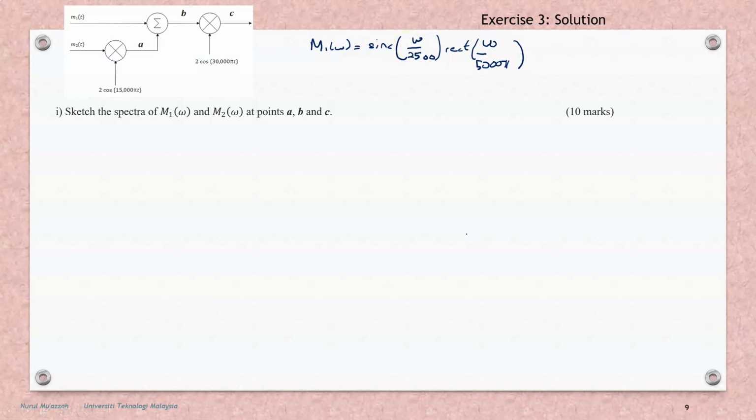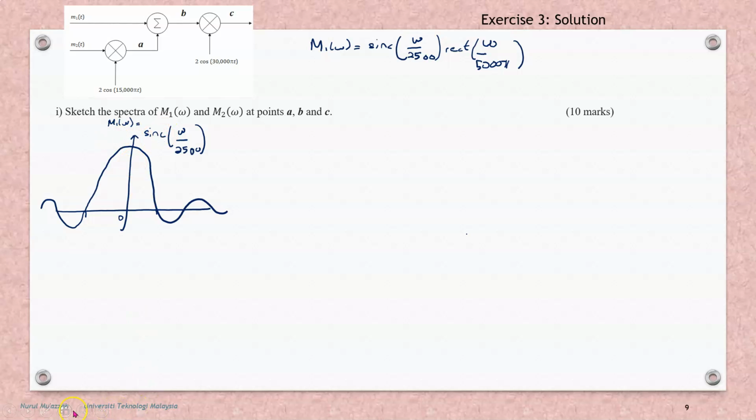When you want to draw it, we know that the sinc function here is something like this. What you need to know is the origin here and also this part. So this is sinc omega divided by 2500, which is M1 omega. Sorry, this is the sinc function, not yet M1 omega.